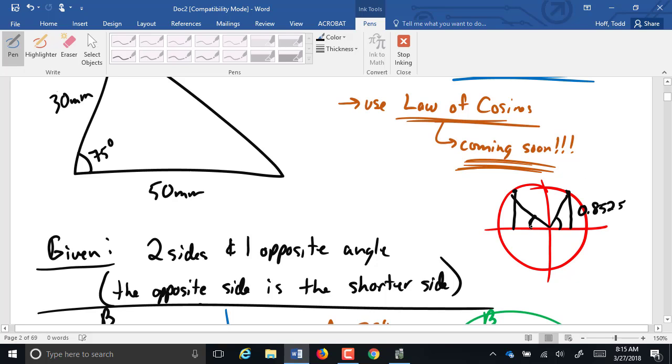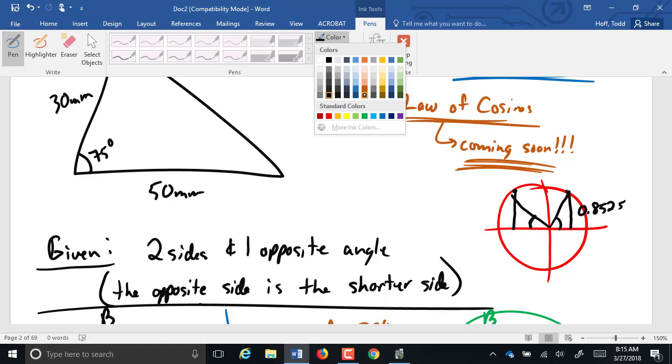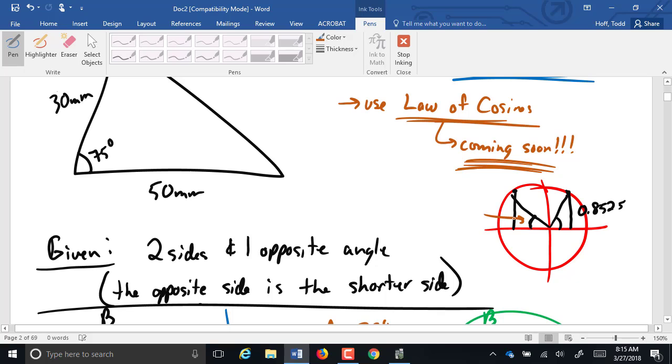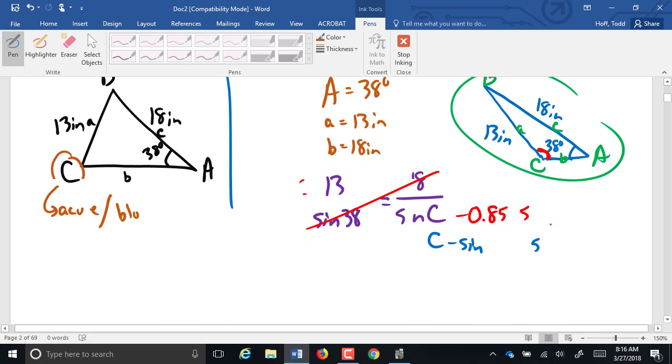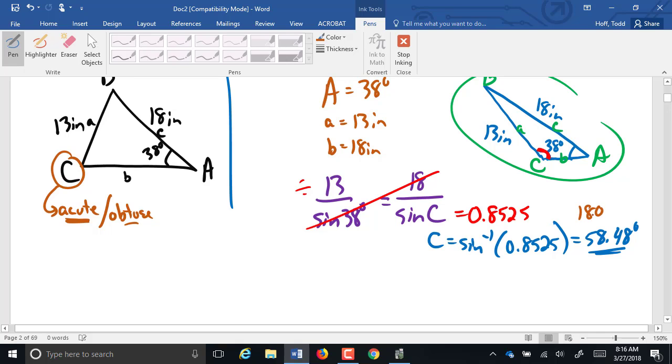Well, this angle here is the same, isn't it? They have the same reference angle. That's saying this angle is that 58.48. So what's this angle have to be? It has to be the supplement. So the angle we're actually trying to find is 180 minus that 58.48, 121.52 degrees. So angle C there is 121.5.